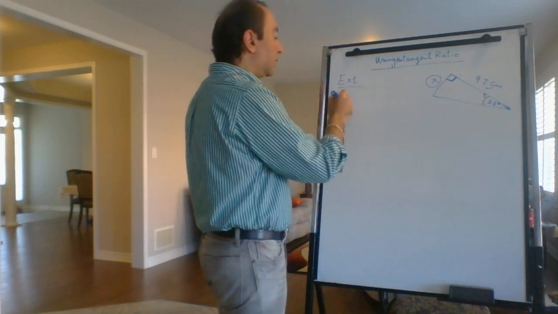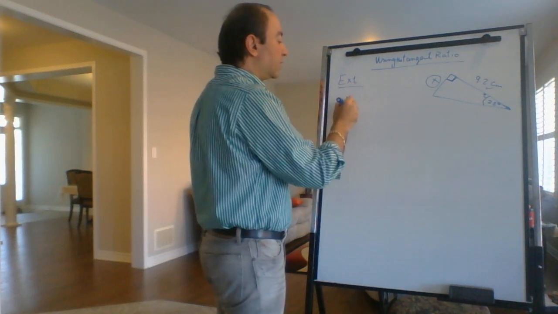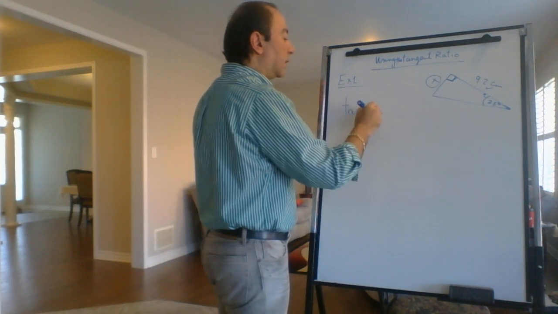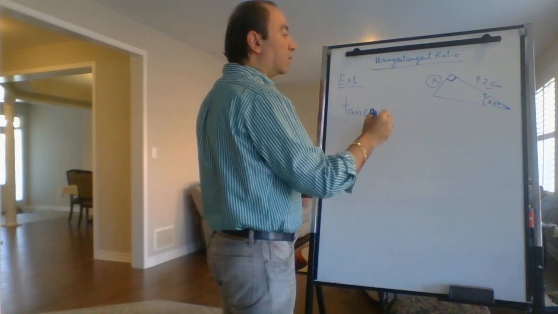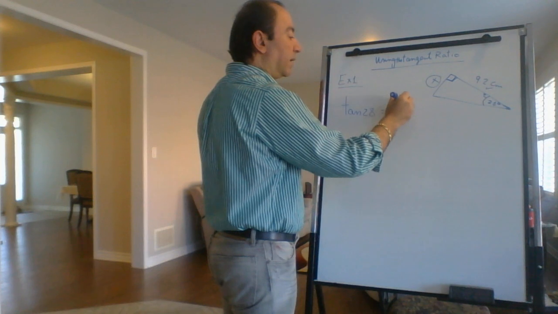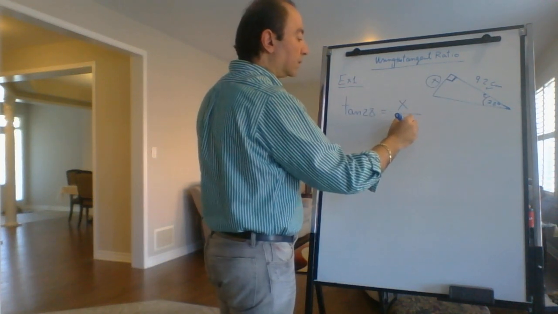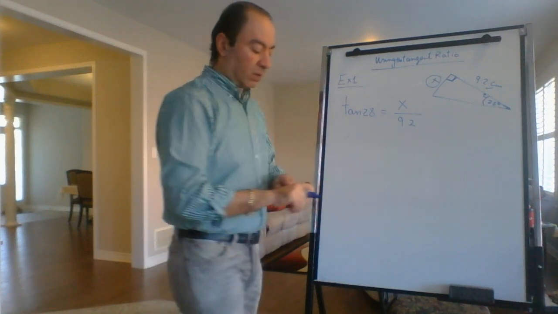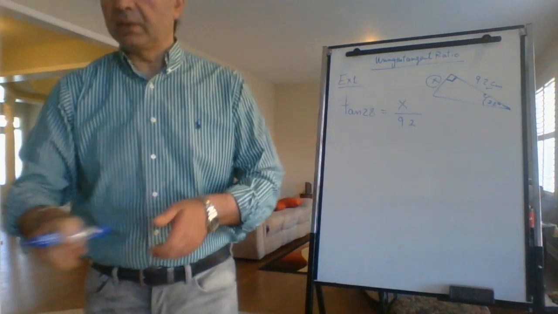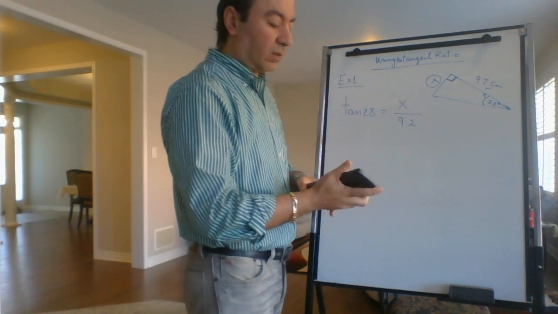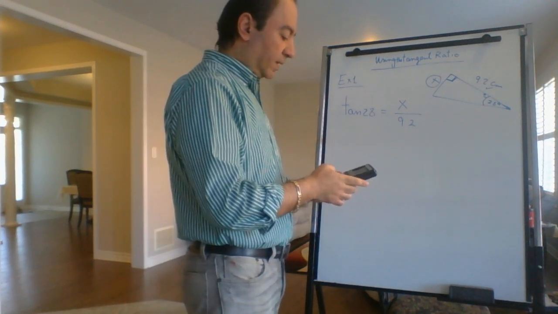So we can use tan. We say tan of this angle equals the opposite side, which is what I want to find, x, over adjacent, which is 9.2. Now I can use my calculator and calculate tan 28.